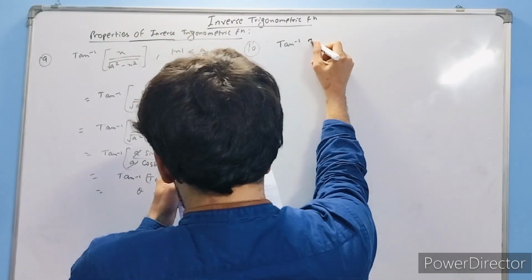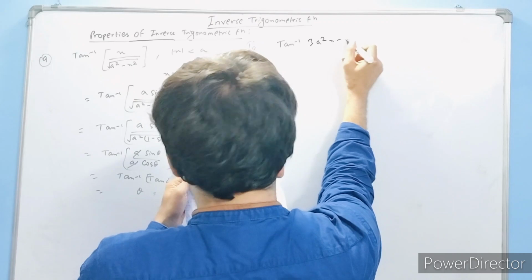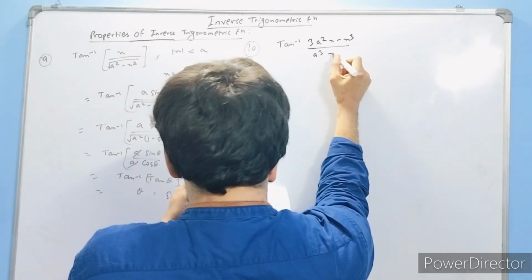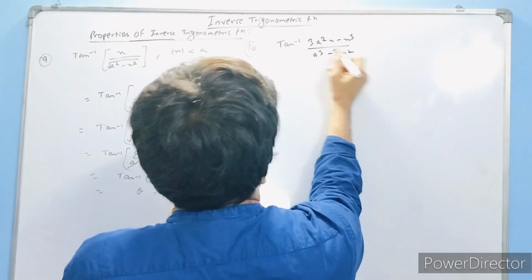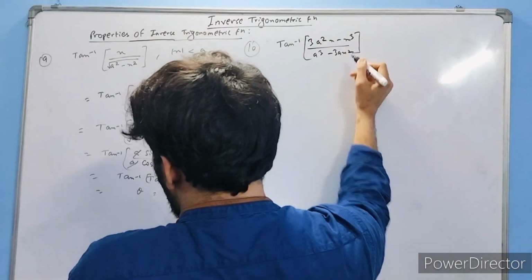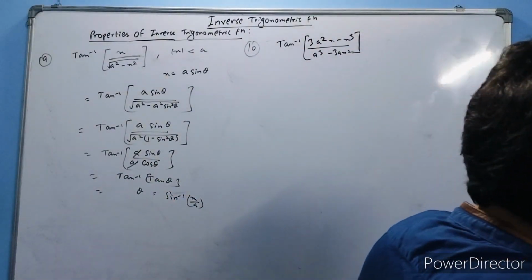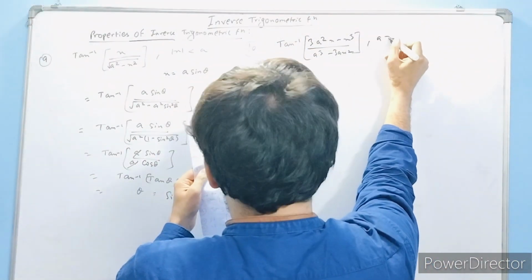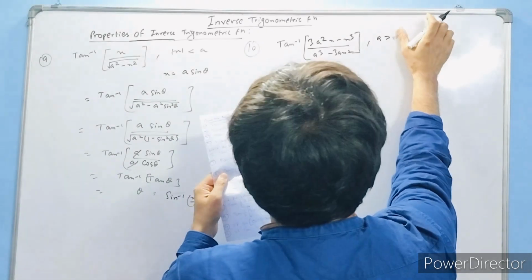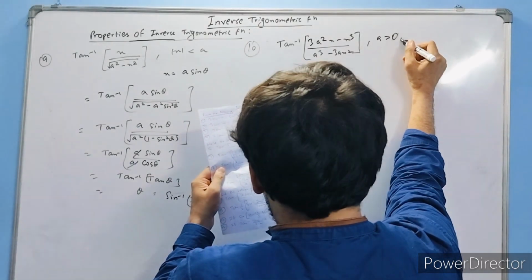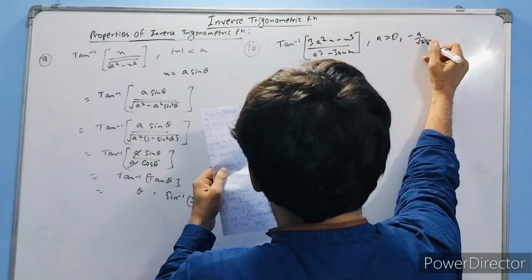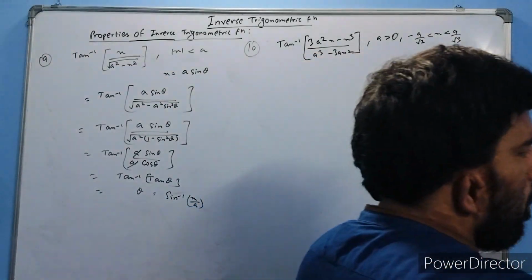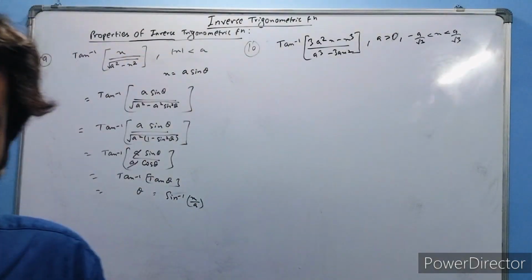Tan inverse of (3a square x minus x cube) upon (a cube minus 3a x square). They have given the conditions also. They have given a is greater than 0 and x lies between minus a upon root 3 and a upon root 3. Okay, so that is what we have here.